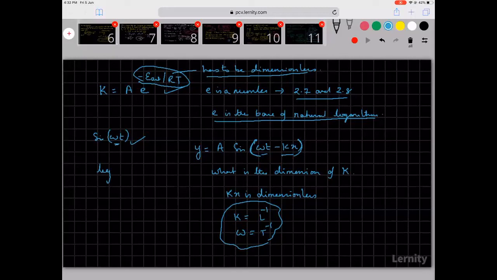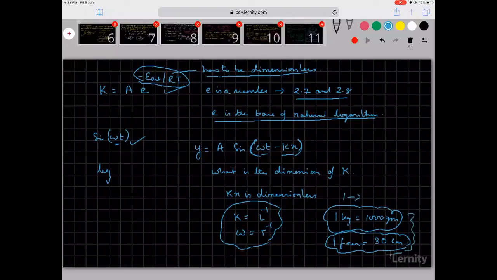So you can't ask, sir, why is 1 kilogram equal to 1000 grams, or why is 1 foot equal to 30 centimeters, or why can't double of that be 1 second. These things are all perfectly defined. This is what I want to communicate. If you have understood this, we will move on.